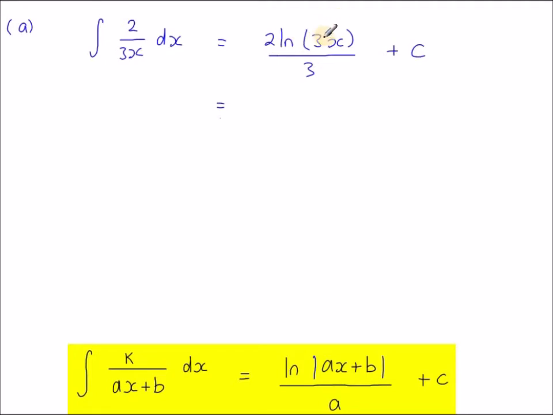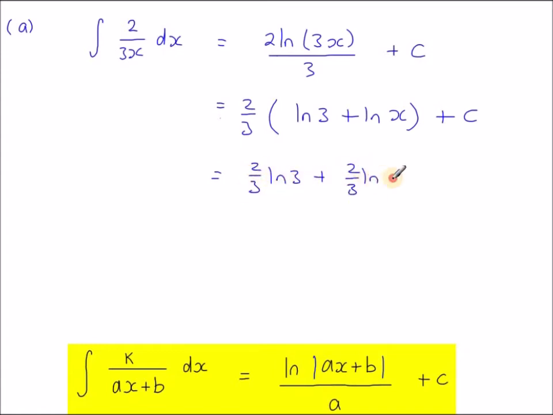And now the ln 3x can be split up using the multiplication law for logs. So if I leave the 2/3 here, then I can write this as ln 3 plus ln x plus c. If I remove the brackets, I've got 2/3 ln 3 plus 2/3 ln x plus c.